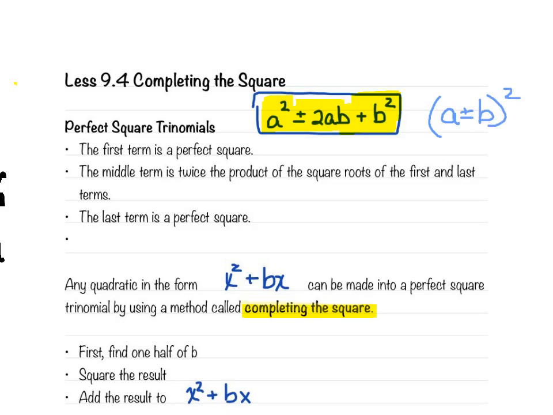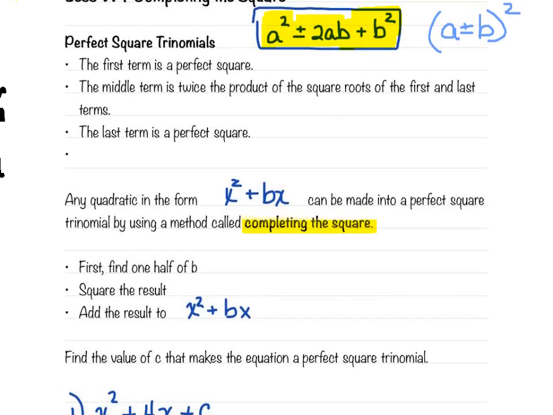So what we will do in this lesson is learn how to complete a square, or force a quadratic to be a perfect square trinomial.